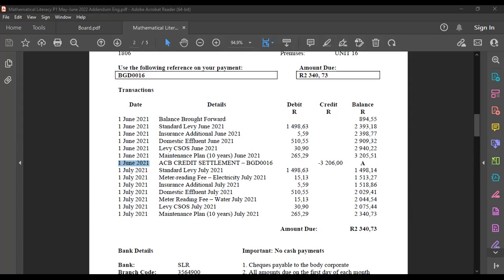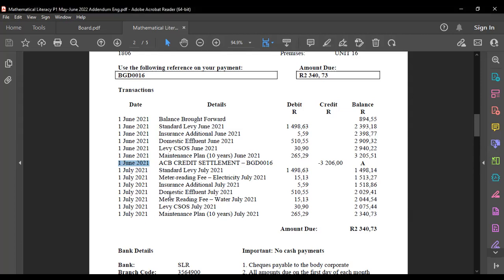It has to be the standard levy out of the amount due, because we are expressing this as a percentage. So we go to our statement. The standard levy they want us to take is this one here.